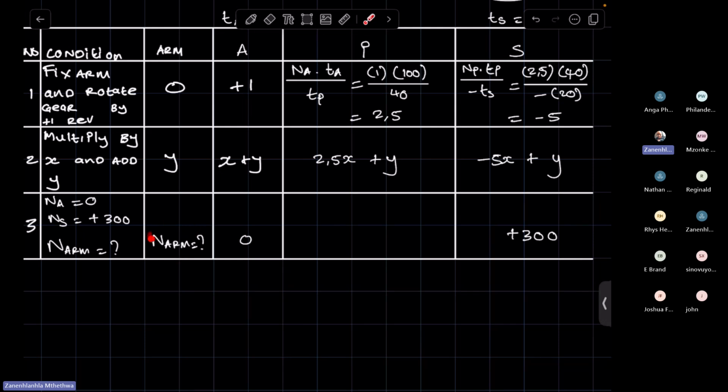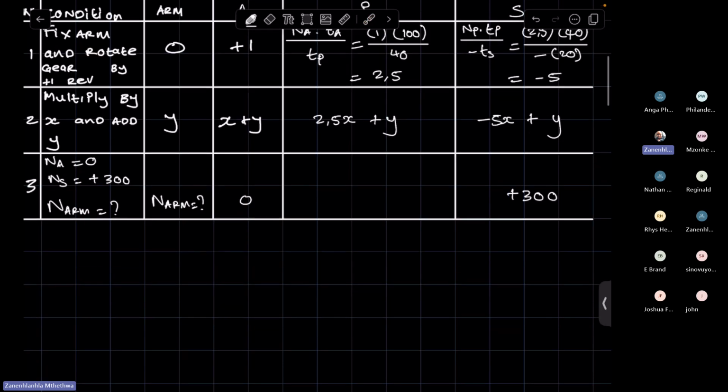So doing that, you have y being equal to n arm. This you take as your first equation. For the second equation, you equate your second and your third condition.